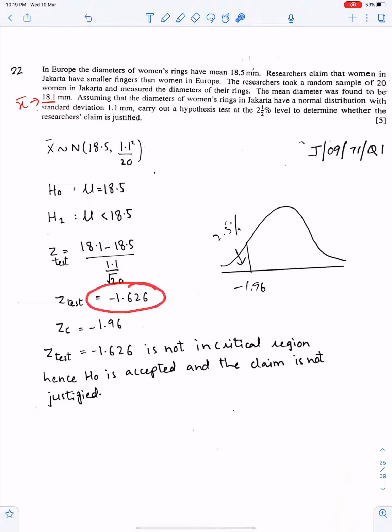Since this number does not lie in critical region, it lies in acceptance region, so accept H naught, that mu has not decreased. The claim is not justified. When you accept H naught, basically you are accepting this fact that mu has not changed, mu has not decreased.